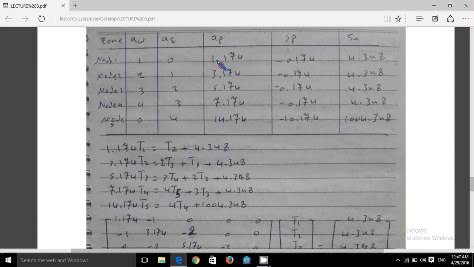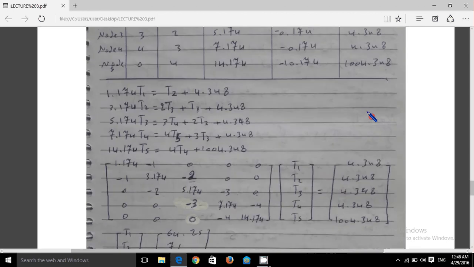Like node 2, at the west side it's T3, and at the east side it's T1. We don't know. Also for node 3, at the west side it's T4, and at the east side is T2, plus the source term. The source term means that I will write it in the B matrix, that I can find from it the temperature that I want.